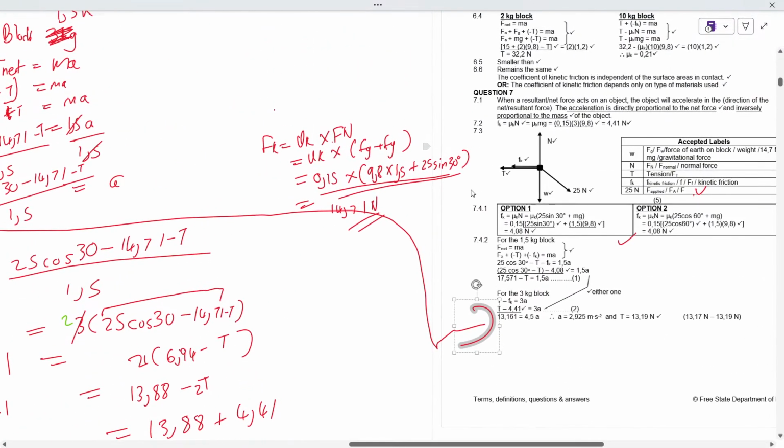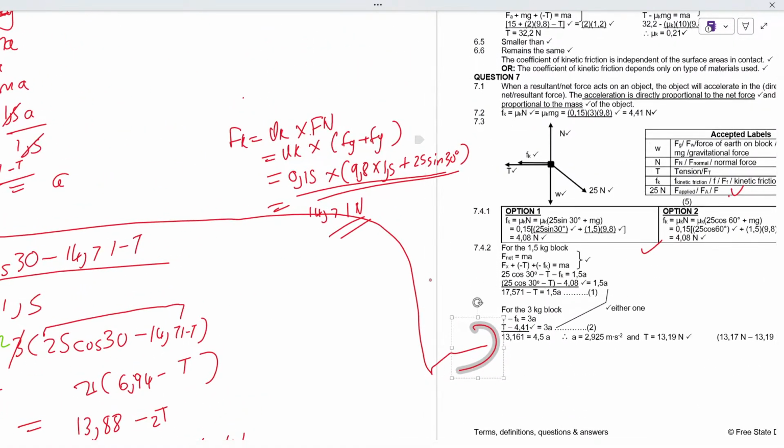So this is our memo. Let's see what the difference is. We are supposed to get 4,08. We included FG and opponent, and we include FY base.